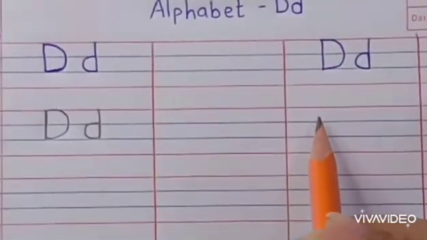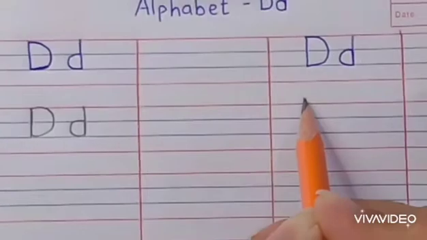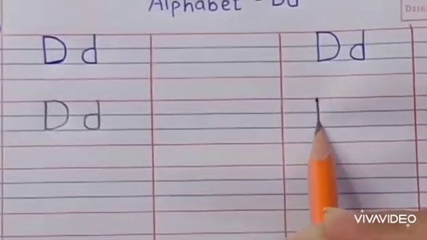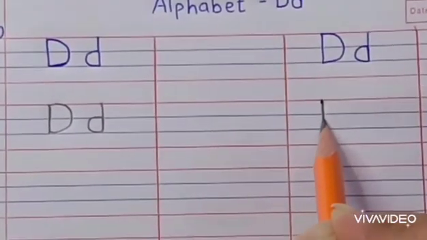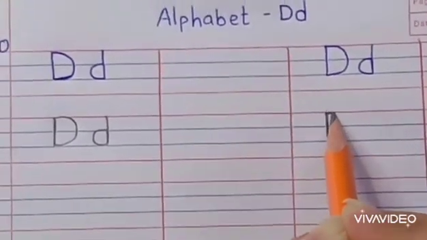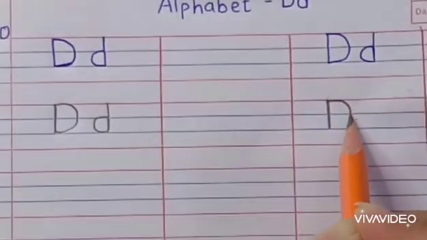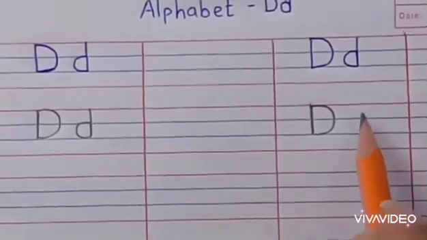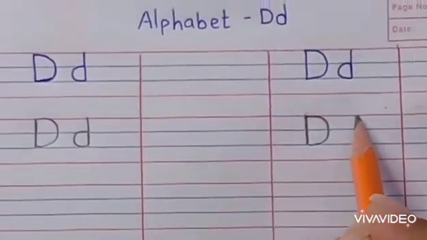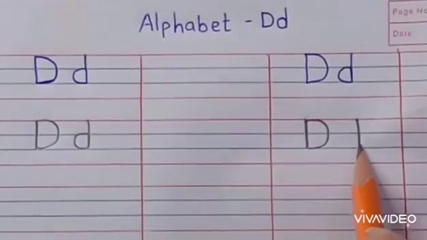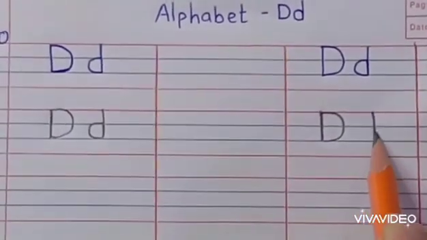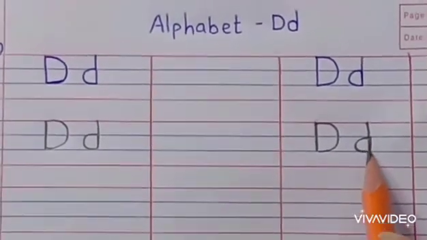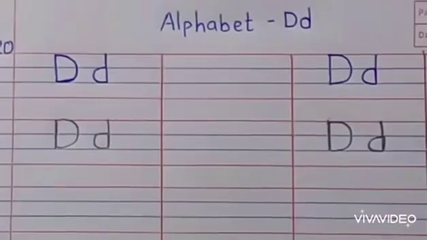Now we will write in the third column. From first red line, go standing till second blue line, then go up again on it, and from first red line to second blue line, make a reverse C curve. Now we will write small d. From red line, go standing till second blue line, then go up till first blue line and make a C curve and touch the second blue line.